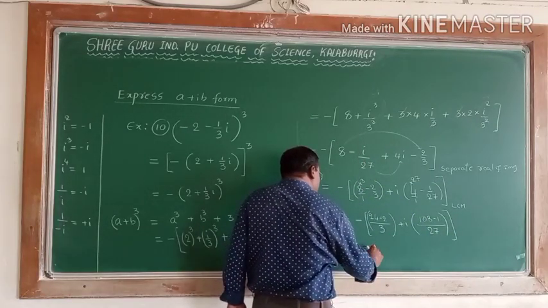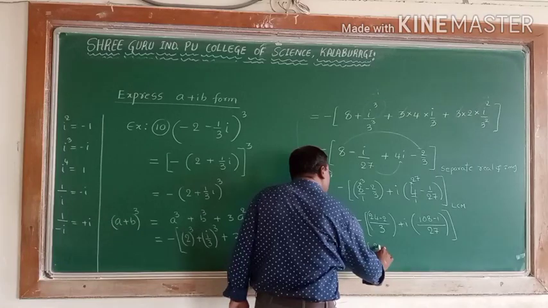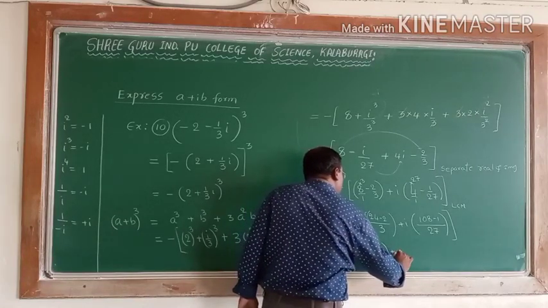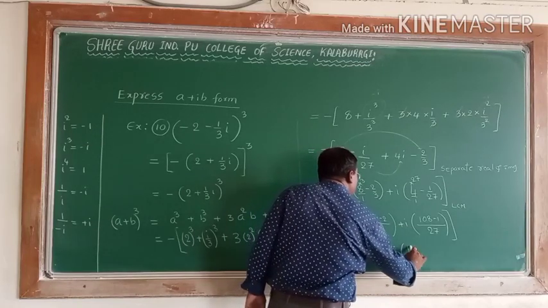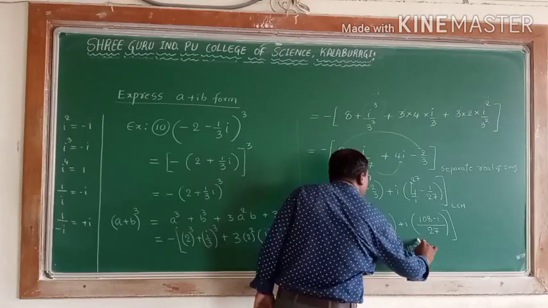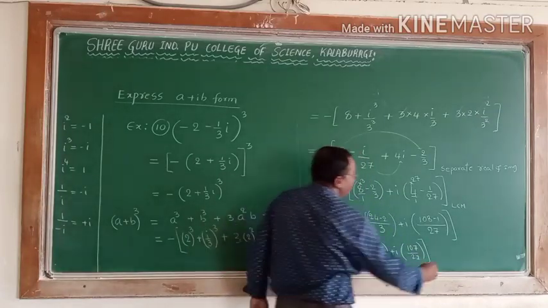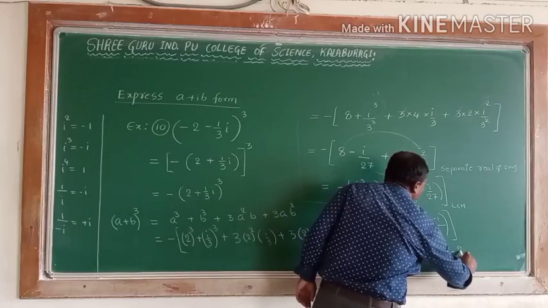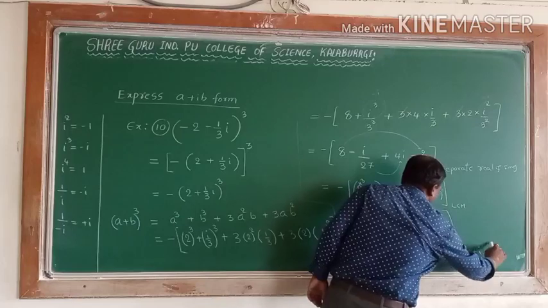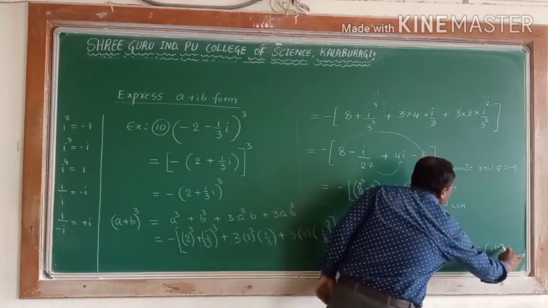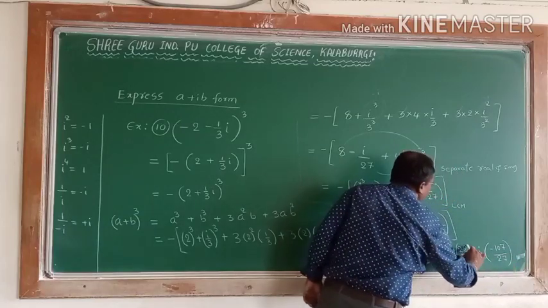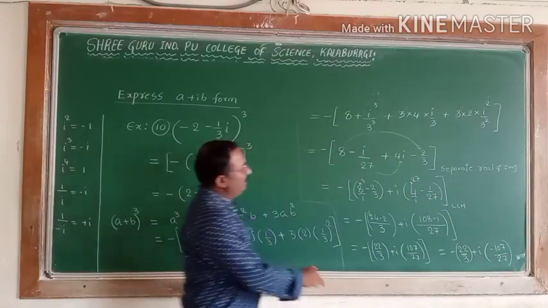Is equal to minus, as it is, 22 by 3, plus i times 107 by 27. Apply minus: minus 22 by 3, plus i times of minus 107 by 27. A plus iB form.